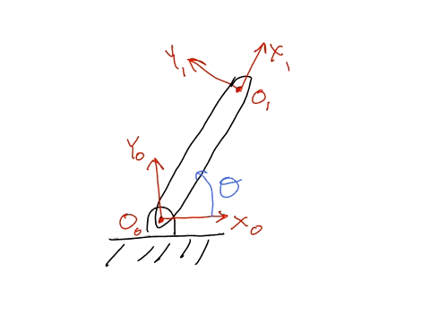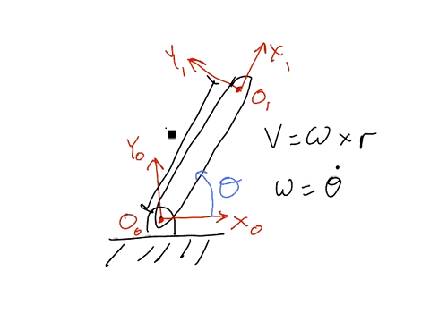You would have learned that the velocity of O1 is equal to omega cross r, where omega is equal to theta dot, and r is the length of this link. Rather than thinking of omega simply as the derivative of theta, we can also think of omega as being the rotational velocity of frame 1.